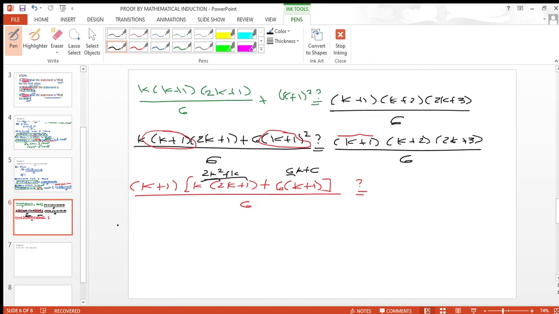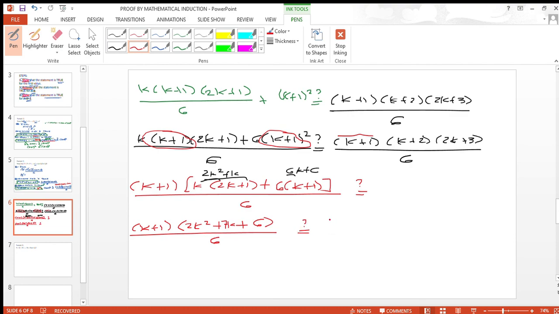Or in other words, that should now give us k plus 1 multiplied by, what do we have here? 2k squared plus k plus 6k is 7k plus, this is 6. Then everything divided by 6, right side.